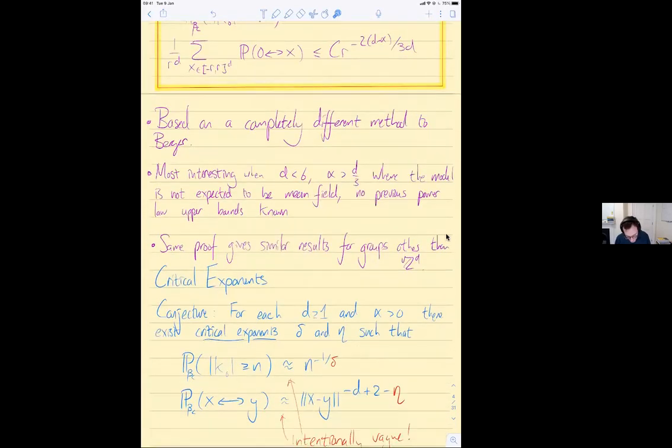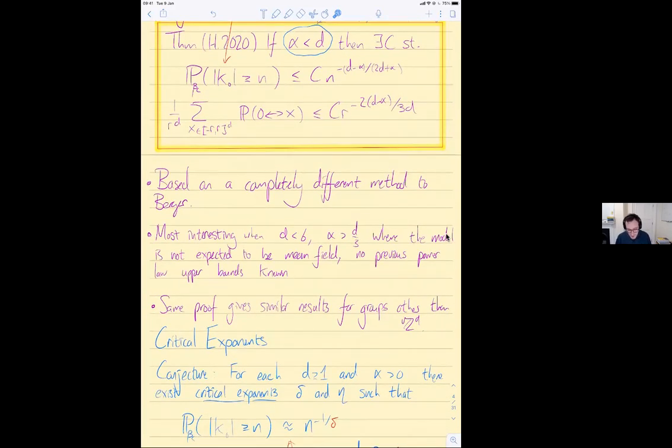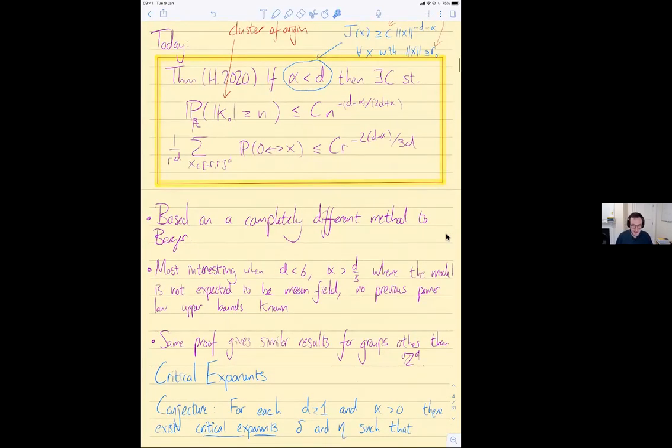Okay. And the proof is actually very general, so the precise choice of lattice and things like that aren't important.